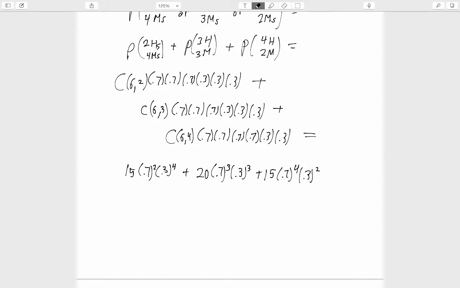I wrote these out in gory detail just to remind you of what they really mean. When you're first learning this, it can be easy to forget what the thought process was that led to them. When you compute this, it turns out to be approximately equal to 0.5689.